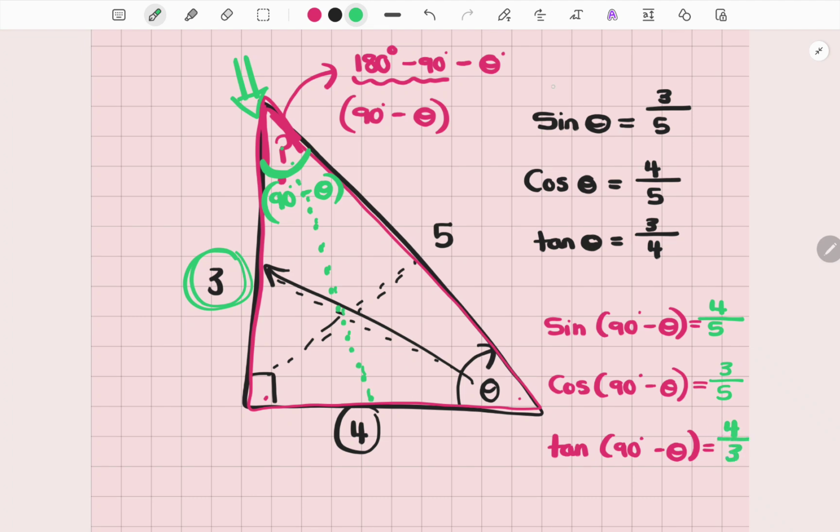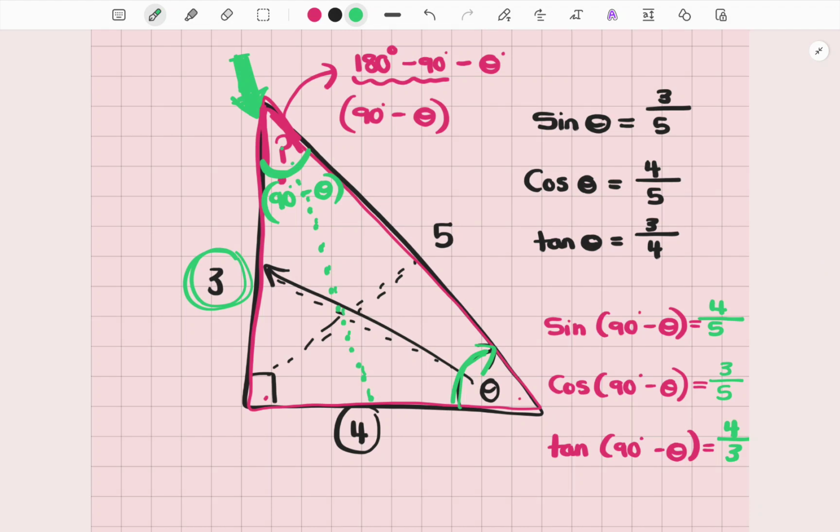Okay, so can you see it's different from this angle over here when we are working from this top angle. So that's why I'm sure you've heard the saying, it all depends on what angle you are looking from. I'm sure that comes from trigonometry. So what is the value for sine 90 minus theta? Well, it all depends from which angle you're looking at.